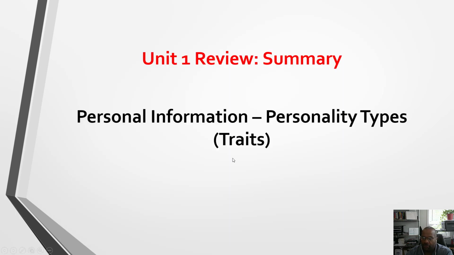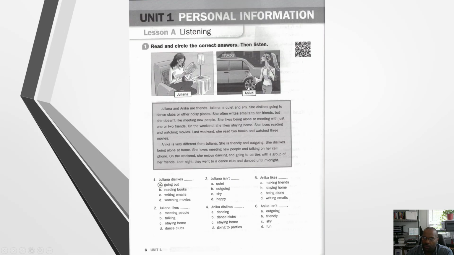Alright, so here we are. Unit 1 review summary, personal information, and more specifically, personality types or traits. We started in our workbook talking about Juliana and Annika, and how different they were.